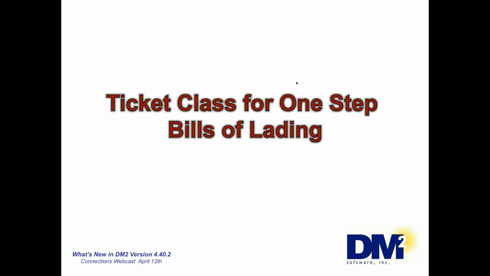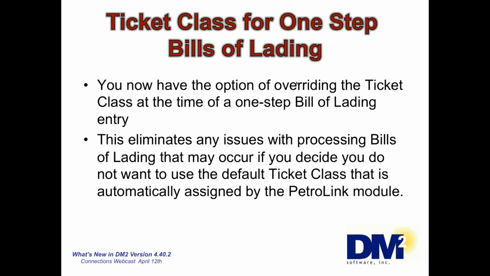Next item is ticket class for the one-step bills of lading. Inside bill of lading, if you're putting in a bill of lading and you don't have a sales order to distribute to, you can create your distribution right there.